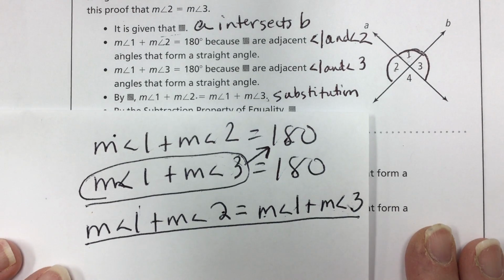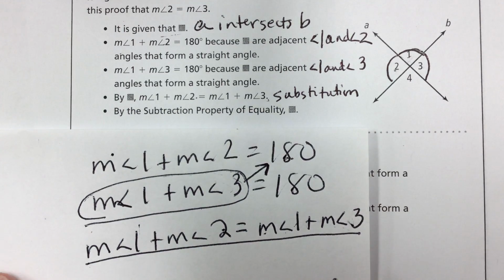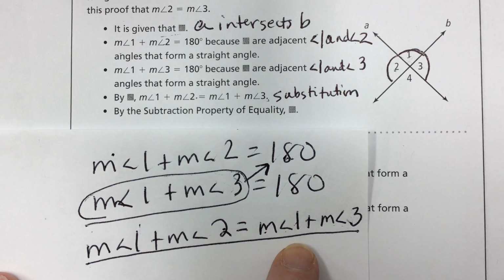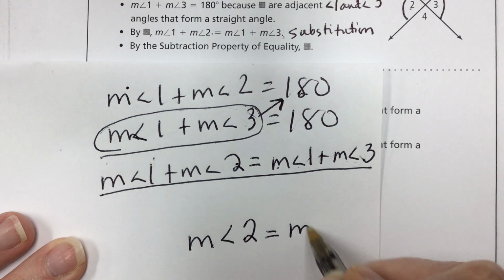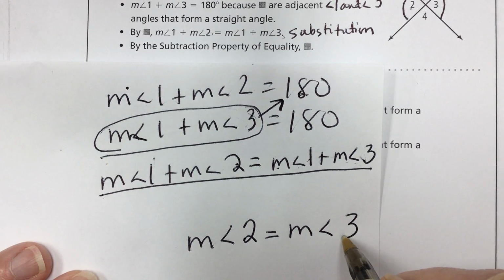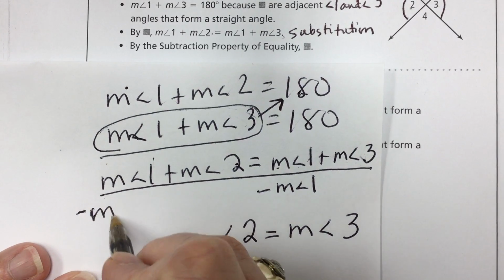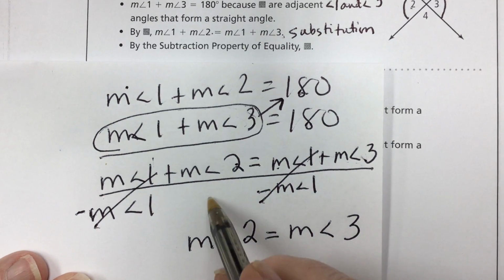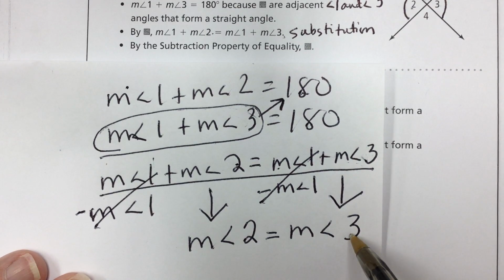Next, the last step, by subtraction property of equality, what can we conclude? Well, let's look. What do we have on both sides of this equation? And keep in mind, our final answer should be the measure of angle 2 equals the measure of angle 3. Well, we can subtract the measure of angle 1 from both sides. If you subtract the measure of angle 1, just like an equation, from both sides, you end up with the measure of angle 2 equals the measure of angle 3.